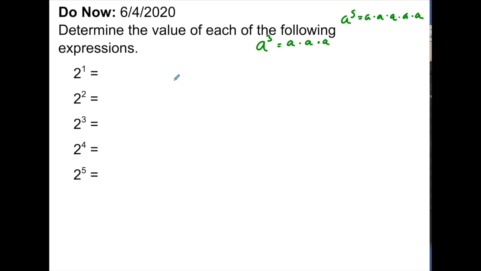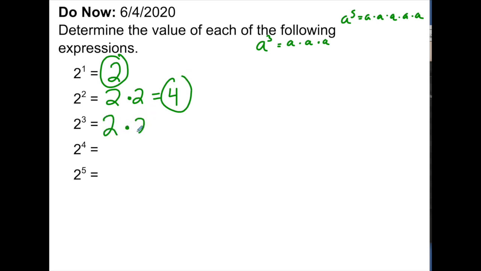Okay, so here we go. So 2 to the power of 1, that is going to be just only 1, 2, right? There's 3 a's, there's 5 a's, there's just 1, so it's 2. 2 to the power of 2, that's 2 times 2, which is 4. 2 to the power of 3, that's 2 times 2 times 2, right? 4 times 2, which is 8.